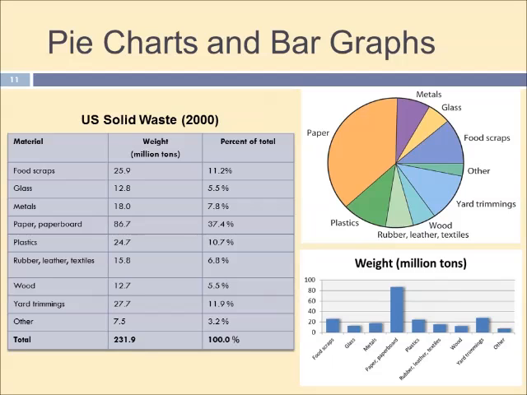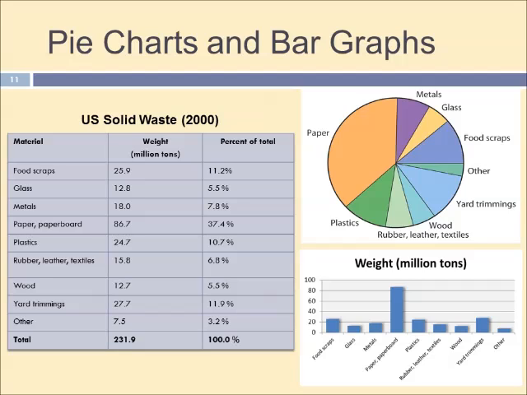The bar graph in this case shows the proportion or the counts as the height of the bars. Now in the case of a pie chart, notice for example paper is obviously the largest percentage of solid waste.